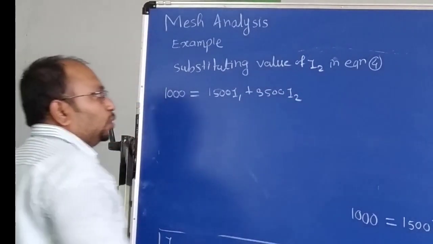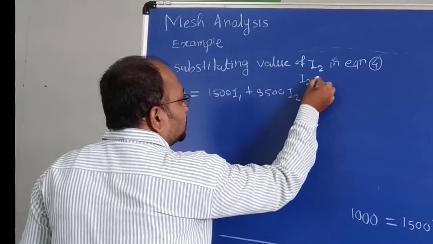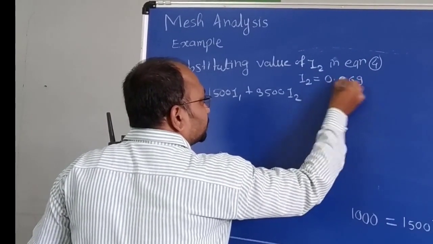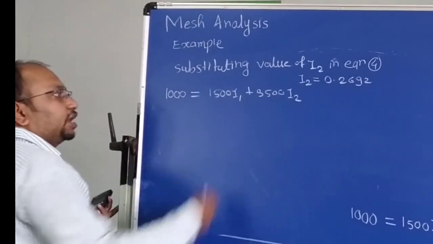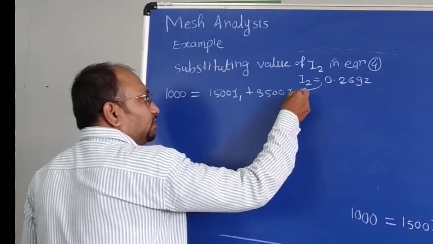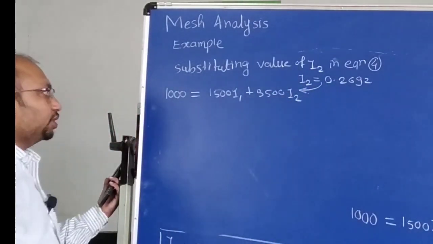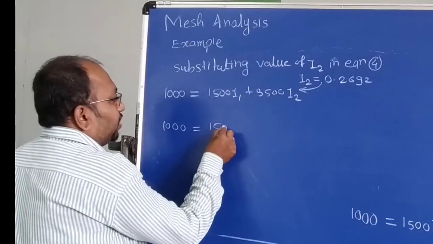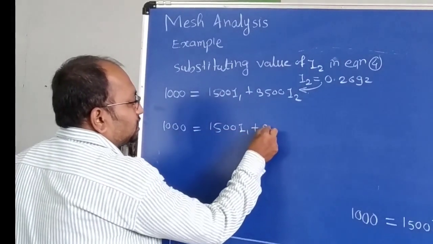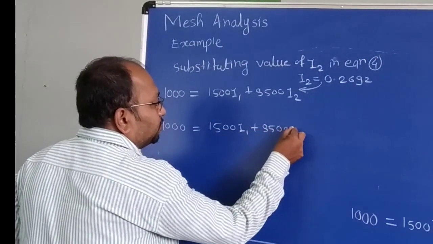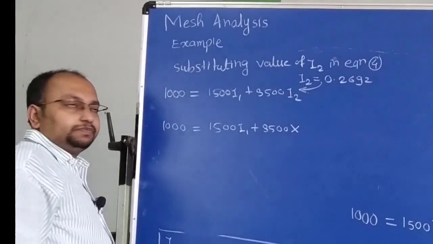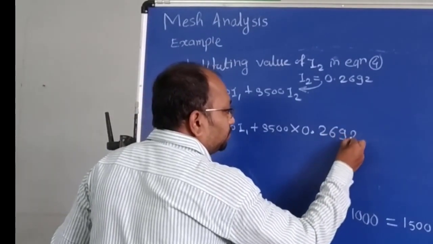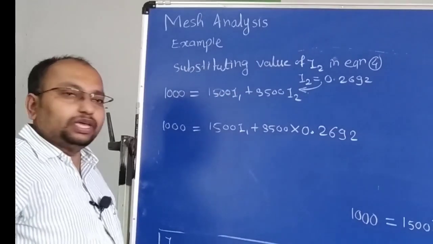Now we are going to put the value of I2 as 0.2692. This value we are going to insert in this equation at the place of I2. So 1000 is equals to 1500 I1 plus 3500, now put the value of I2, 0.2692. Is that fine?